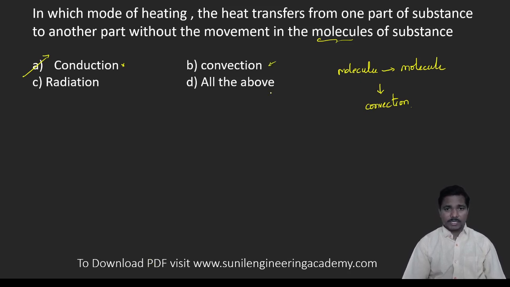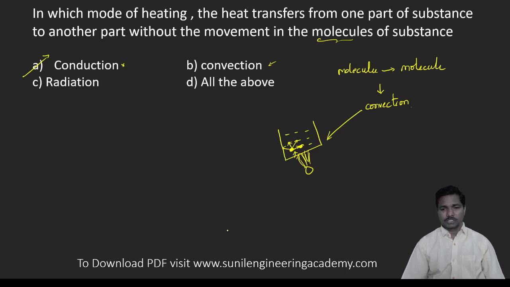Convection is indirect contact. For example, if you want to heat water, we cannot heat it directly. We take a vessel and heat the water. Heat is first transferred to the vessel, then from the vessel to the water. In the water, heat transfers from molecule to molecule. So molecule to molecule transfer takes place in the convection process.